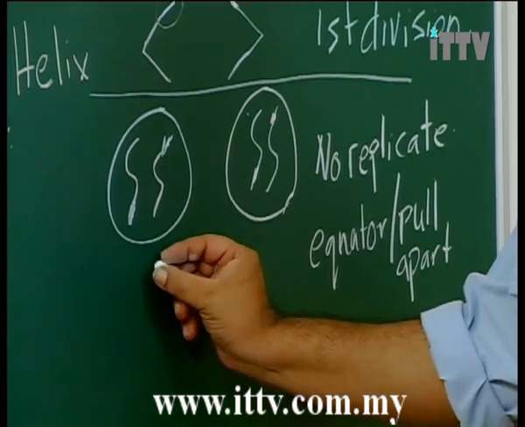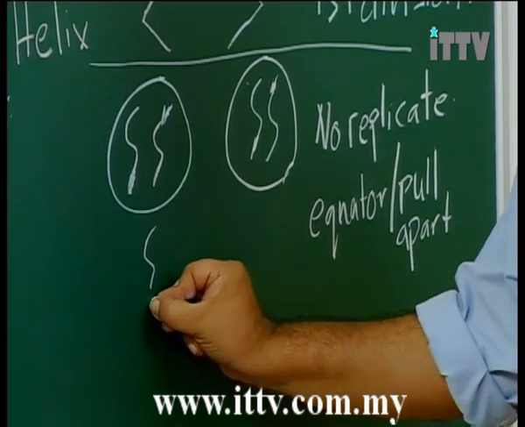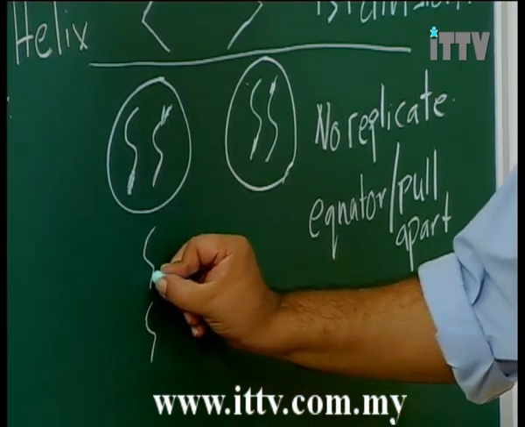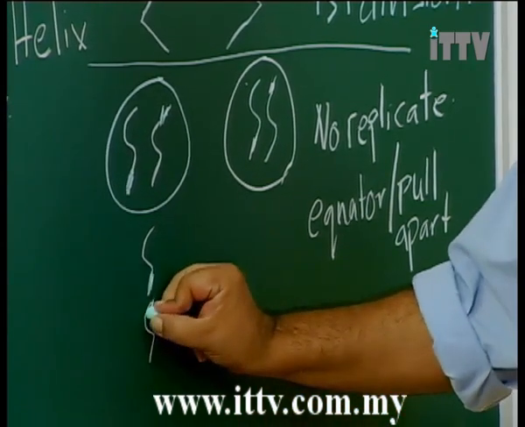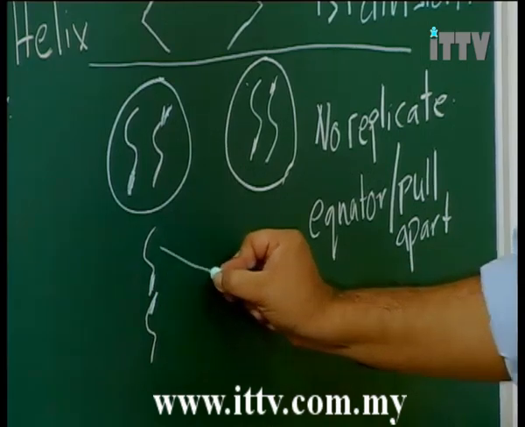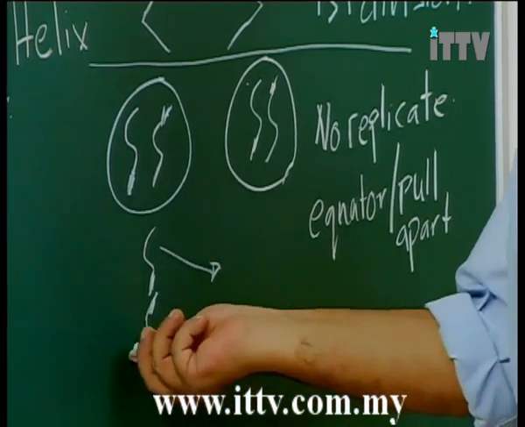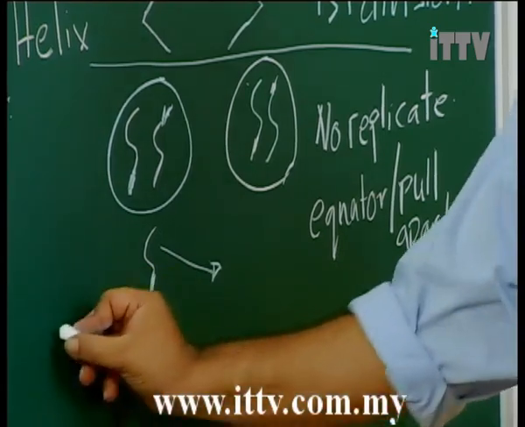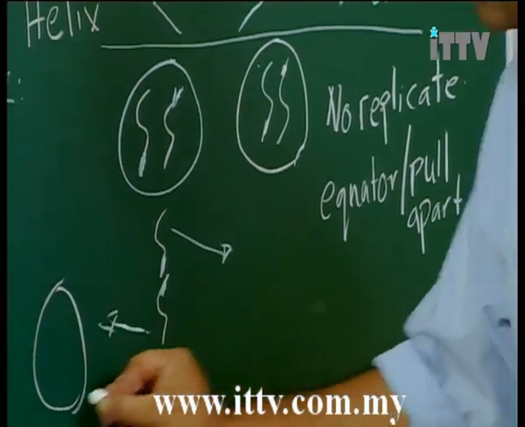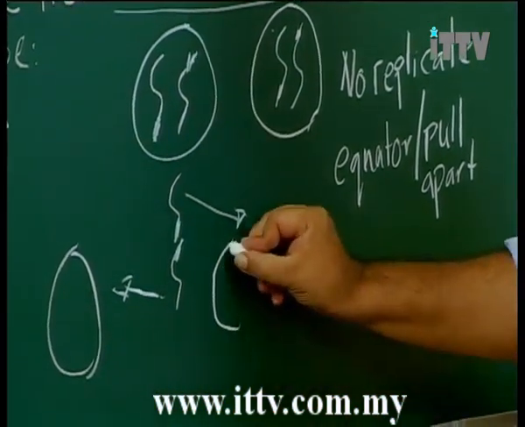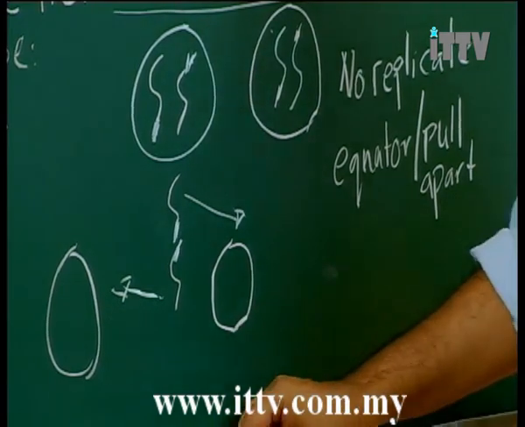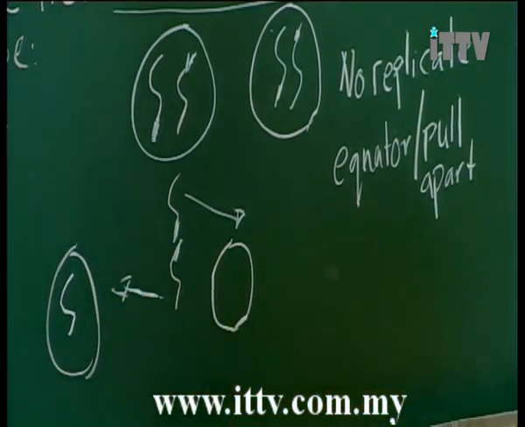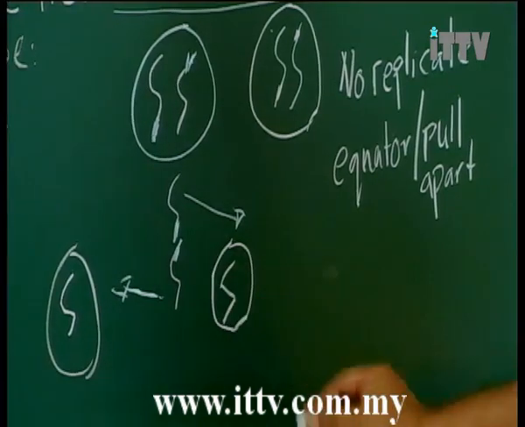So you just take this at the equator. This one has got a bit of green at the bottom here. Remember, this one a bit of green at the top. One goes here and one goes here. So you make one new cell here and you make one new cell here, like this. So this one has got this, this one has got this.